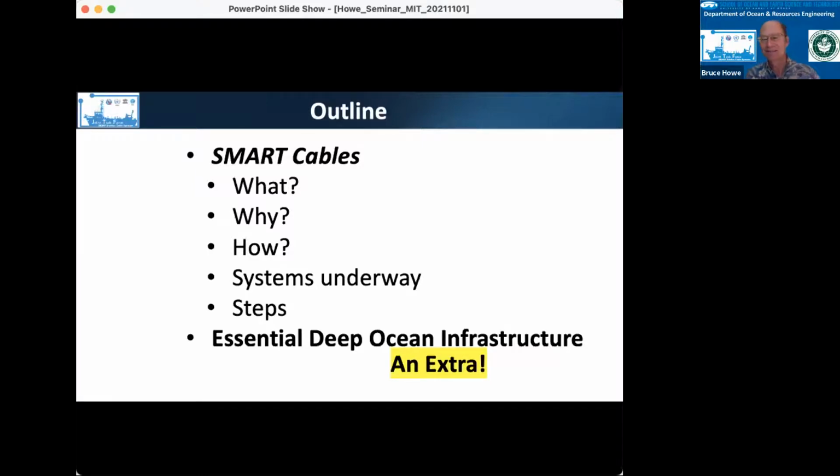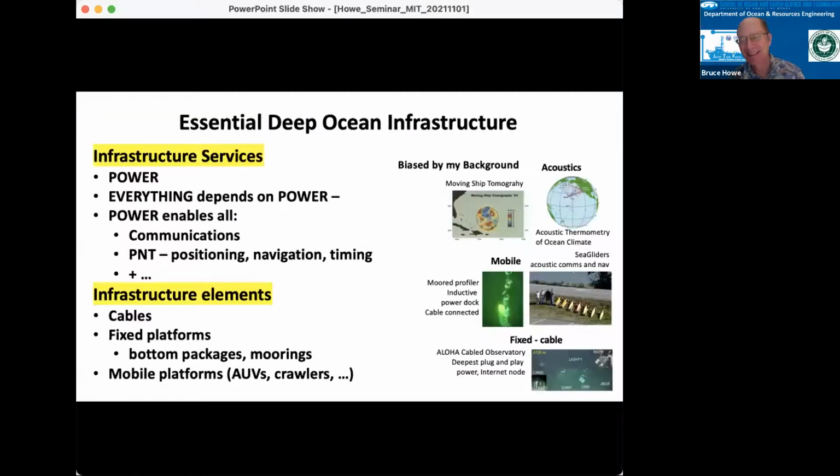So it's all about organizing and facilitating, not actually hardware or anything, but still, how do we get access to the deep ocean? So if anyone wants to speak up quickly or put in the chat window what you think are the primary attributes of deep ocean infrastructure, both from a service point of view or element point of view, feel free. Although the next slide will basically give my view of it.